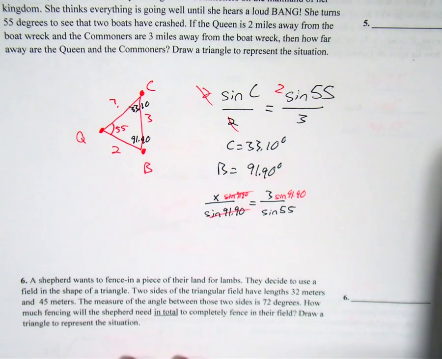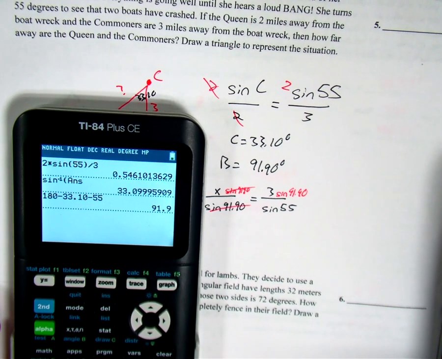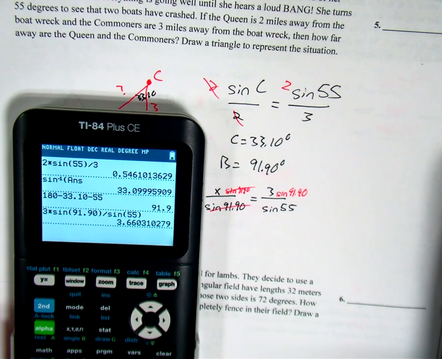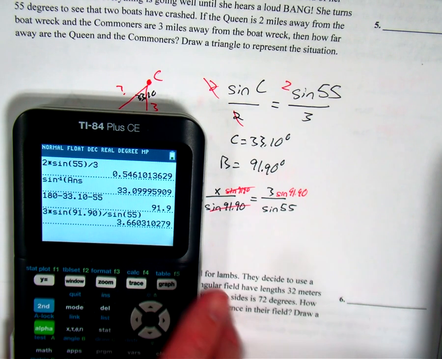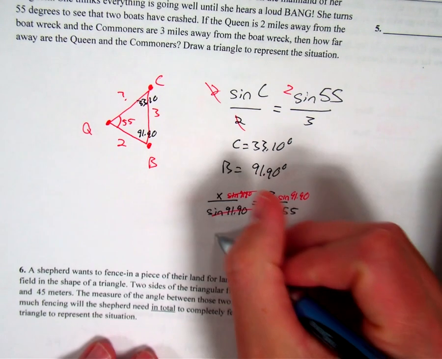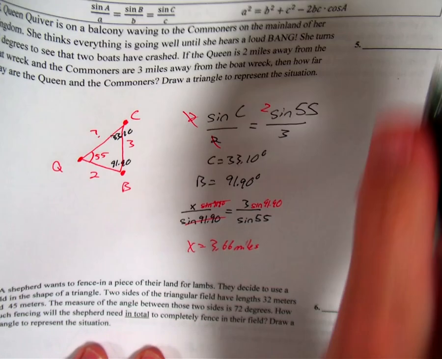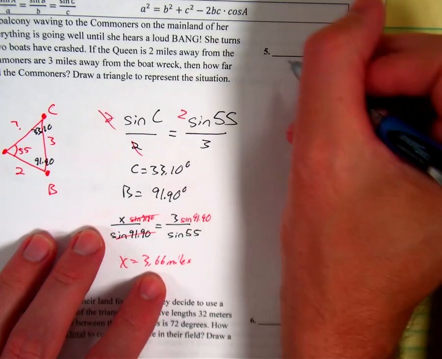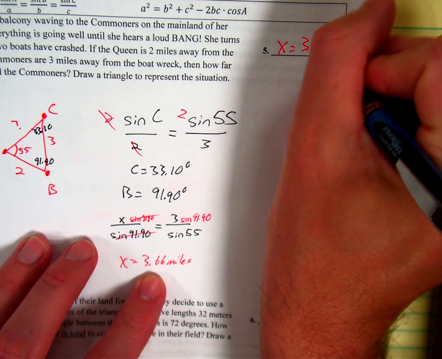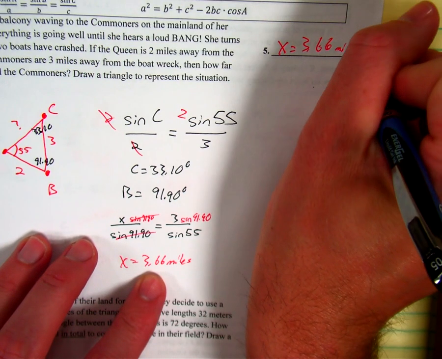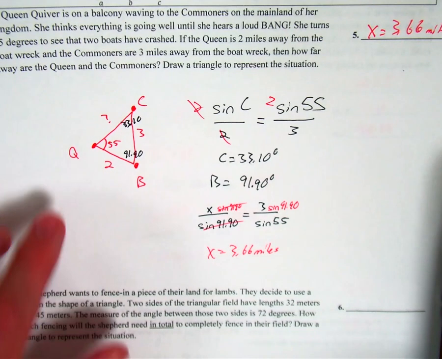And this is looking for a side length, so this should work out. Sine 91.90 divided by sine of 55. 3.66 miles.